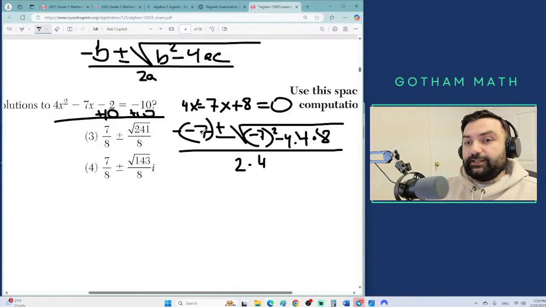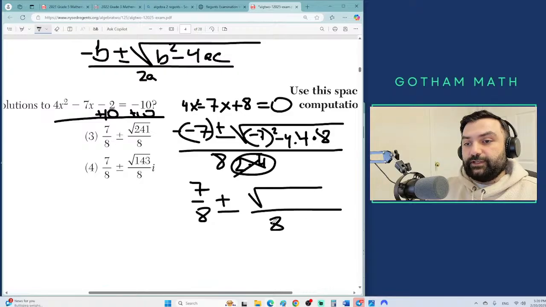Let's simplify it. It's going to be positive 7, and if we split it right away, it's going to be positive 7 over 8 plus minus square root of something over 8.